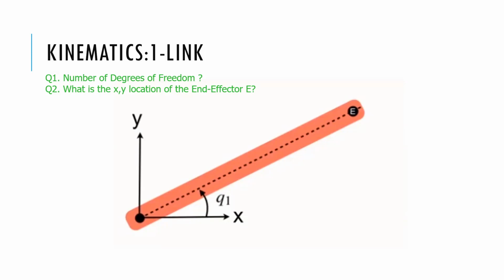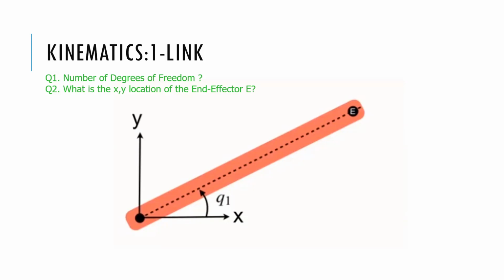It's still going to be this A2 here, and it's going to be cosine of theta, Q2. And then the y2 is going to be equal to A2 sine of Q2 there.